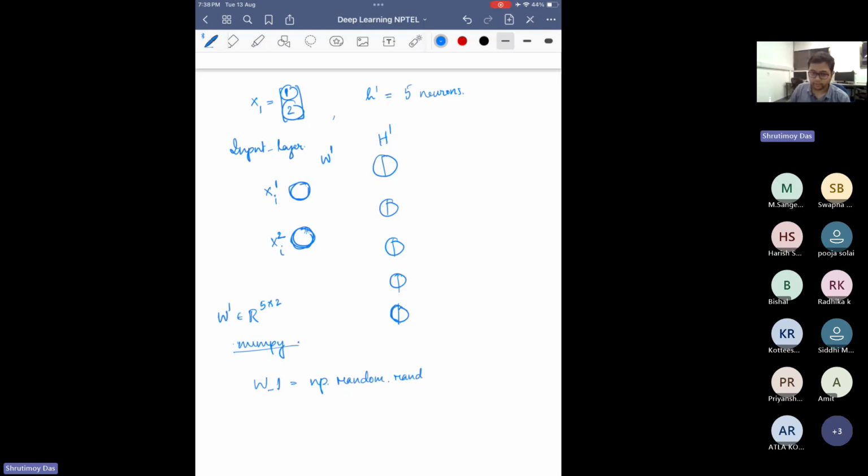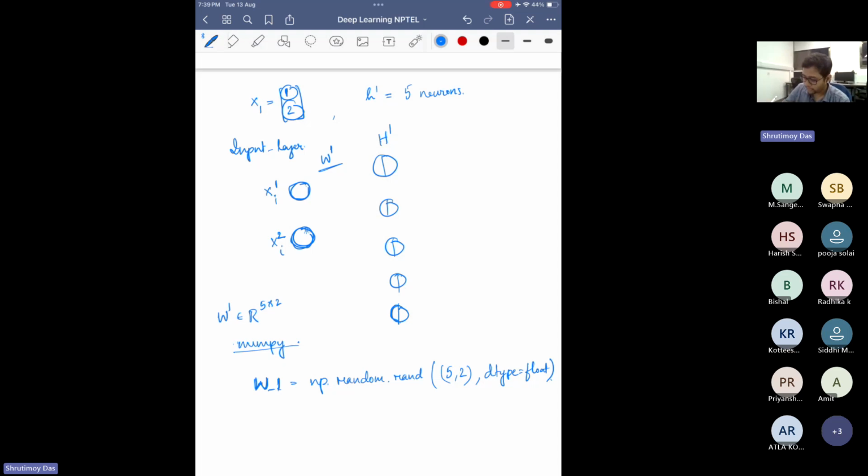This will give us a matrix, and I want my matrix to be of size 5 by 2. Because these can be any values, real values, I'll say that my data type is float. This is your weight matrix here, right?